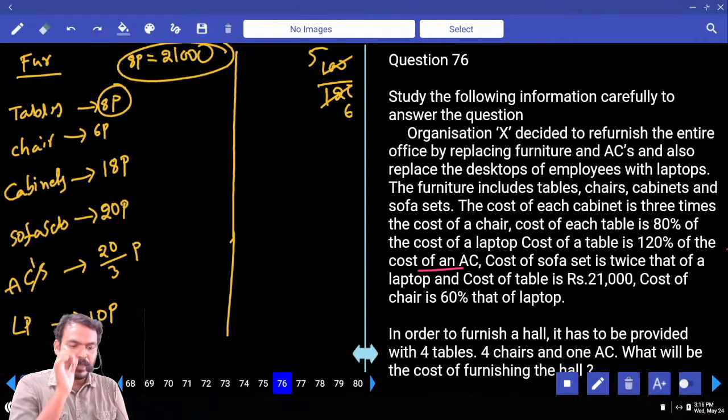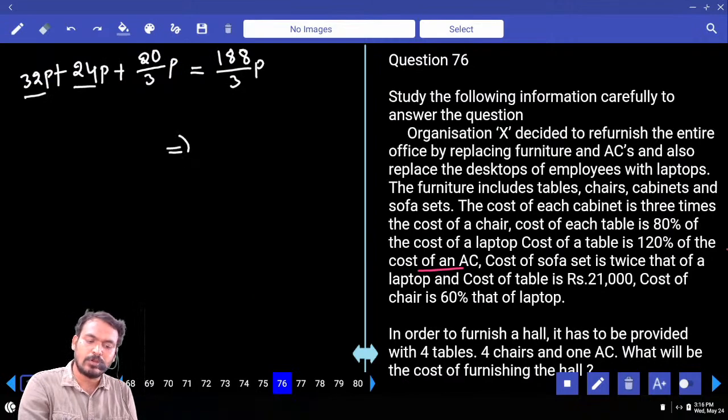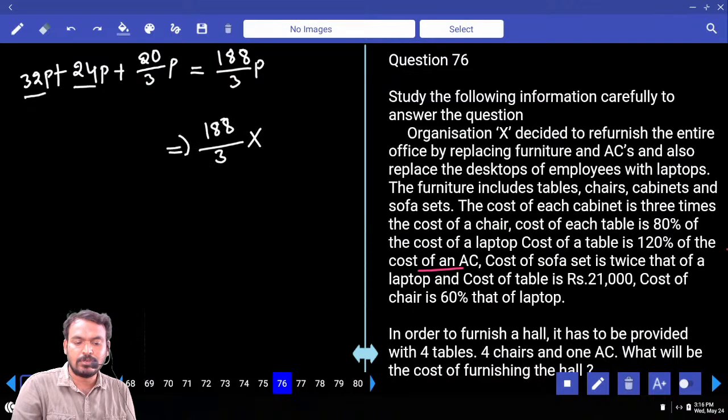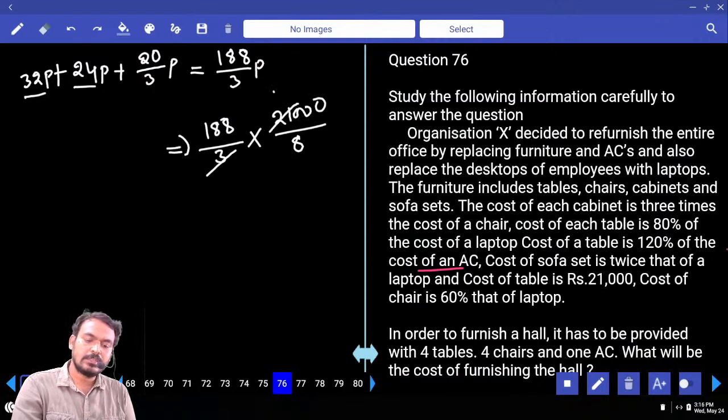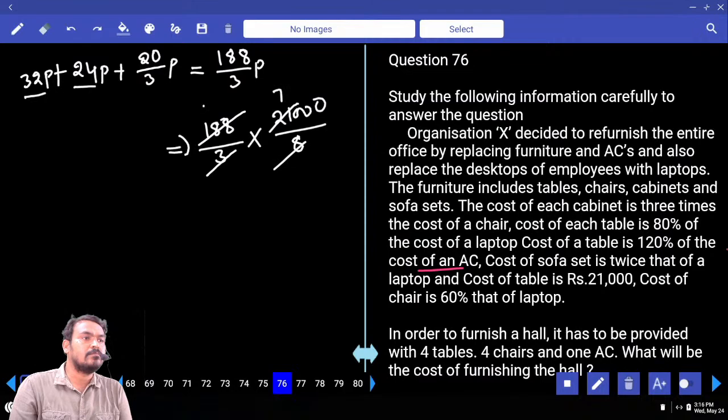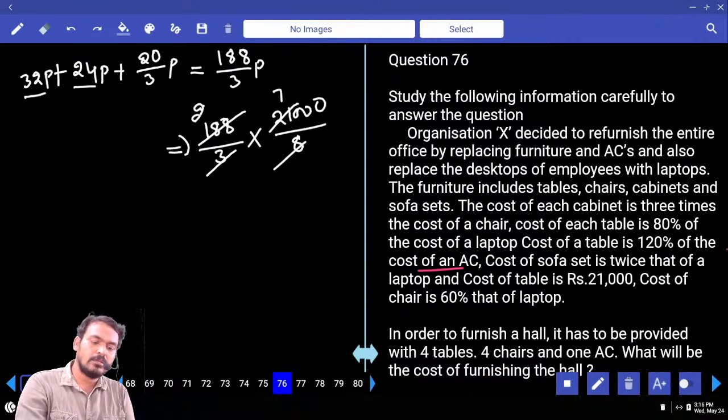And already we know the 8 parts value. What is the 8 parts value? 21,000. Every one part is 21,000 by 8. So 188 by 3 into 21,000 by 8. Dividing 21,000 by 8: 8 2s are 16.